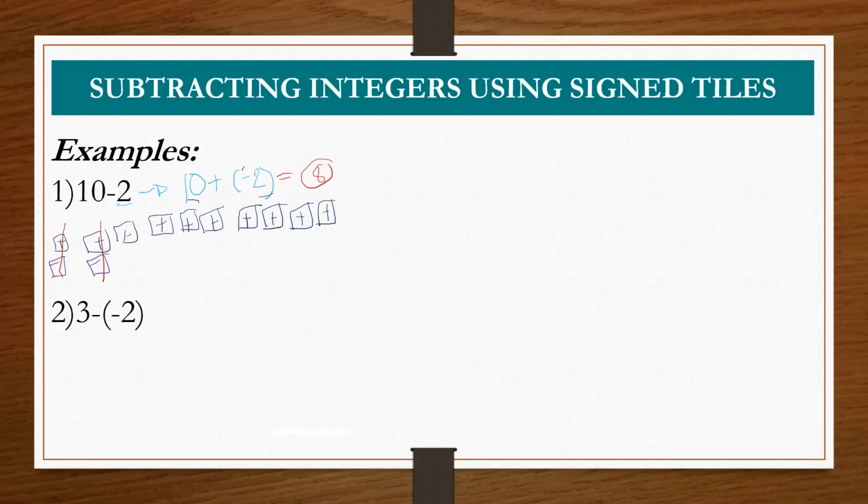For number 2, we have this. So again, let me change first the operation as well as the sign of the subtrahend. So we have 3, and then our operation will become positive, and then for the sign, we get the opposite of the sign of the subtrahend. Since it is negative, it will become +2. So even if we do not draw tiles, we know that the answer here is 5.